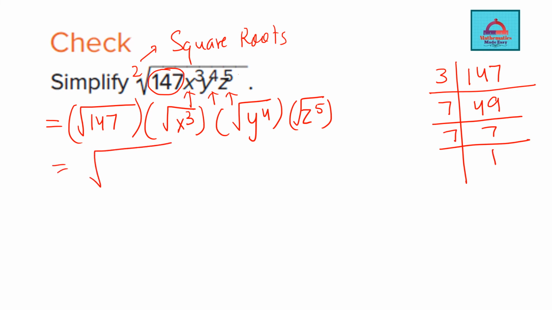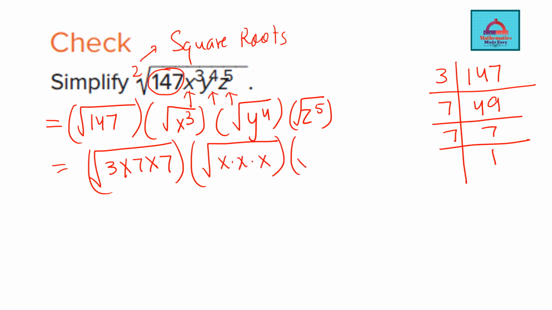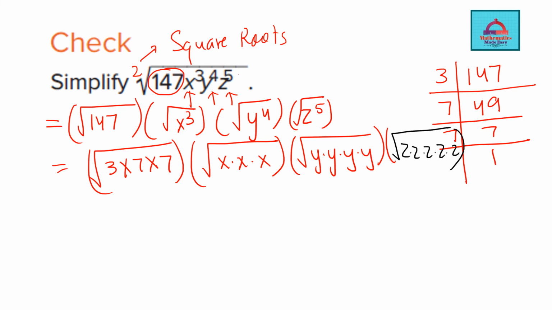Therefore I can write this as 3 multiplied with 7 multiplied with 7. Now square root of x cube means x multiplied with x multiplied with x, 3 times. How many times y? 4 times. How many times z? I'm just changing color. 5 times, right?